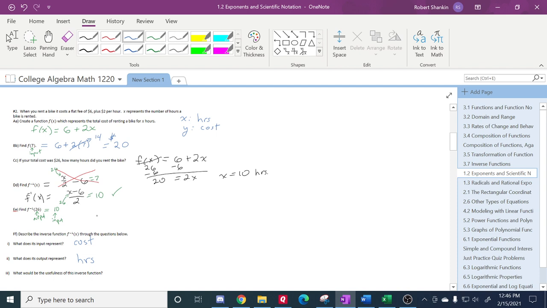And so what's the usefulness of the function? Well, that's very useful for a person who's charging people for bike rental. Oh, you rented the bike for 10 hours, so it's going to cost you $26. What's the usefulness of the inverse function? It's to find the number of hours.